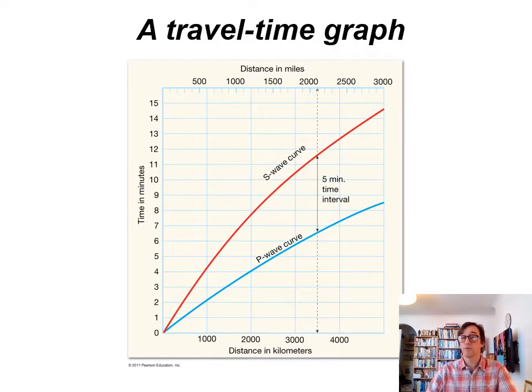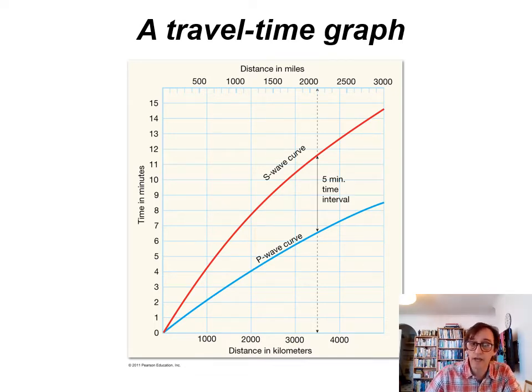What next? For each of those, you can work out the distance from that seismograph to the epicenter. You take a bit of paper with these curves on it, with distance along the x-axis and time along the vertical axis.